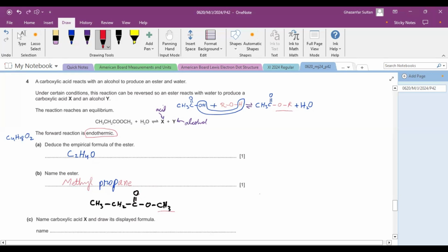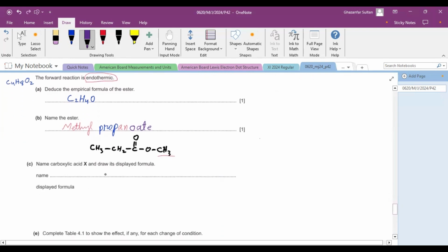And then we use the suffix of the functional group, and here the functional group is ester, and the suffix for ester is oate. So for avoiding two consecutive vowels, we remove e, and we write propanoate. Oate is the suffix for ester. So the name of this ester is methyl propanoate.